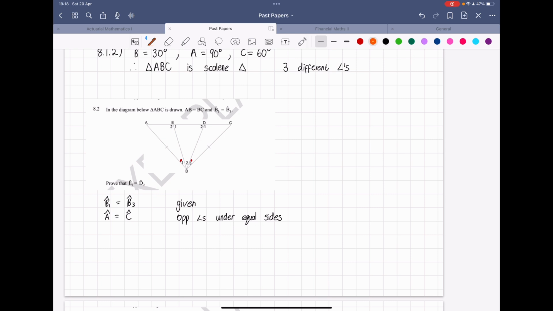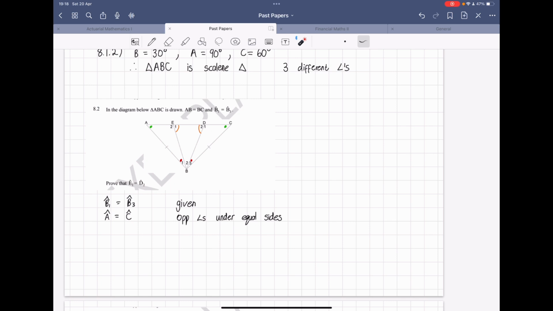Then I'm trying to prove that these two, E1 and D2, are the same. And to do this, let's label that we've just found that C is equal to A. So to find the size of the orange angles, I can use exterior angles of a triangle.